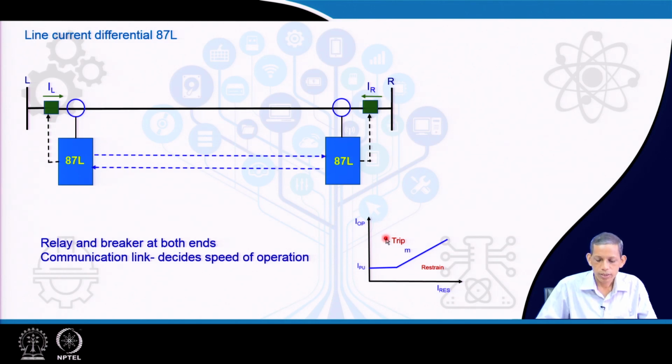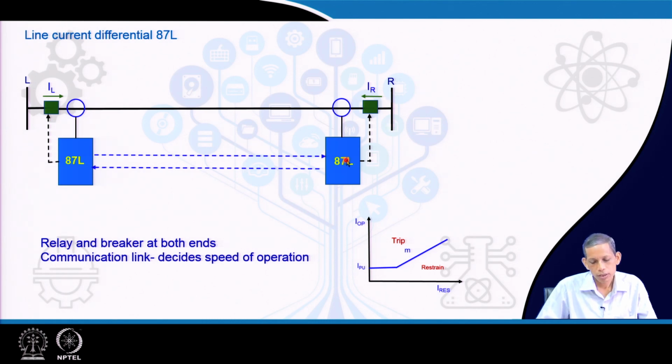Furthermore, the trip decision is made by the percentage differential relay, which we have already discussed for line protection, using the current information. The communication link is the backbone that decides the speed of operation of the relay.